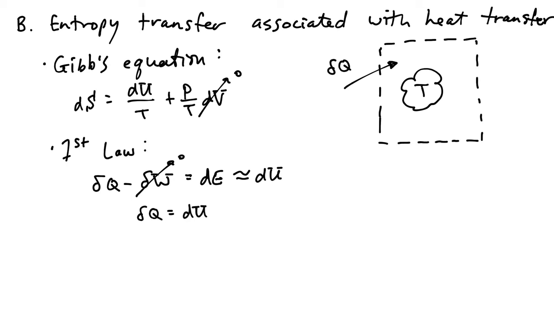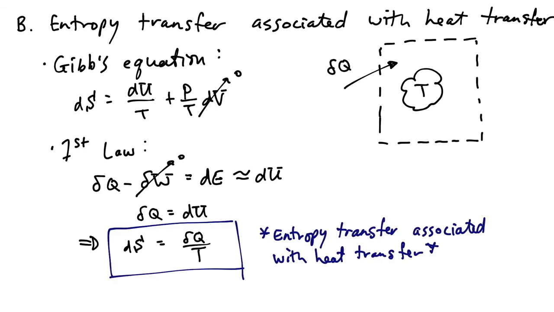We can then take that back to Gibbs' equation and say that dS is equal to delta Q over T. So we can conclude that this expression gives us the entropy transfer that is associated with the heat transfer, where the heat transfer has a magnitude delta Q, and we note that the temperature at which the transfer happens, so the temperature of the system or its boundary, is important in defining the entropy change.